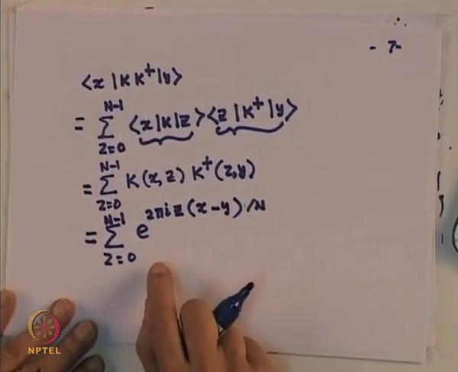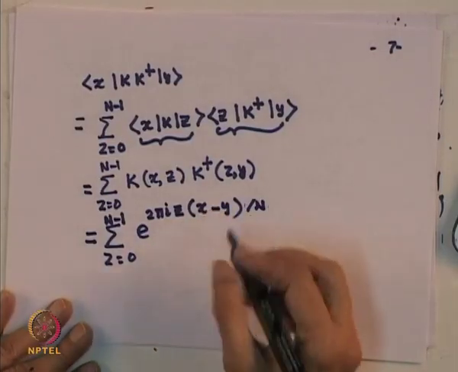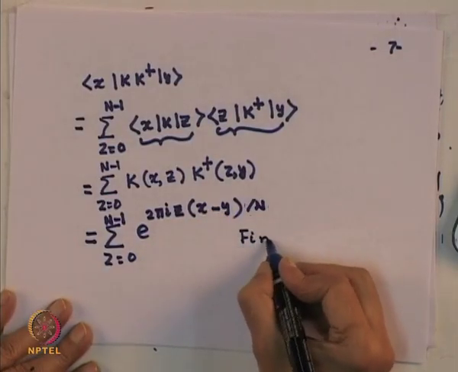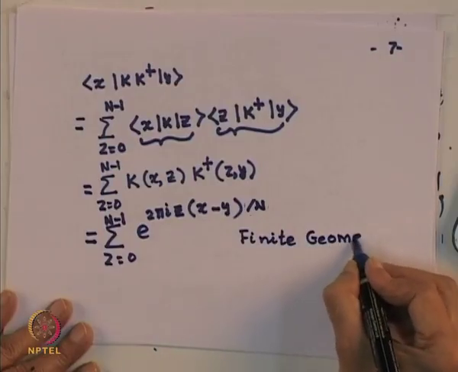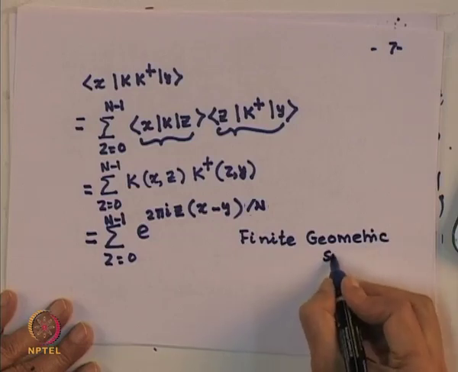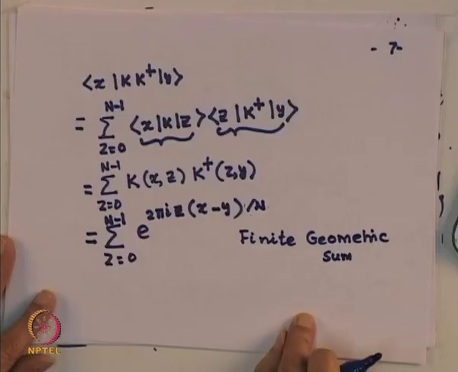Now because of the fact that these are finite geometric terms, finite geometric sum, I can easily compute this sum.